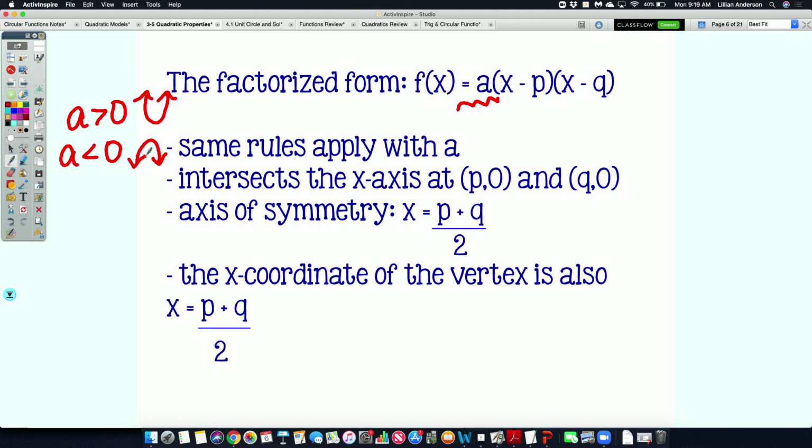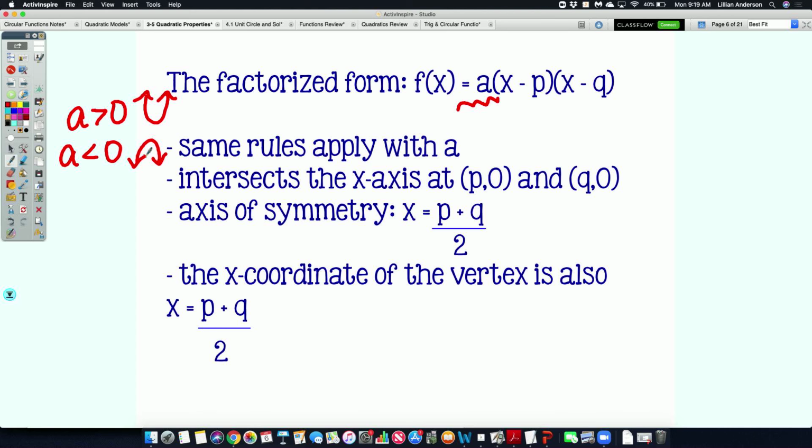So that's what I mean. The same rules apply with a in the factorized form as in the general form. Now, it intersects the x-axis at p and q. That's why it's called the factor form. It's also known as the x-intercept form, because you're basically given your x-intercepts in that particular form.